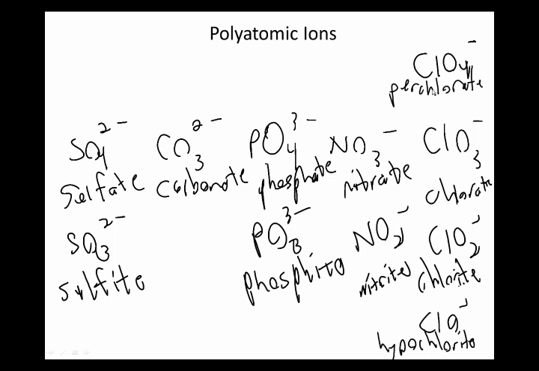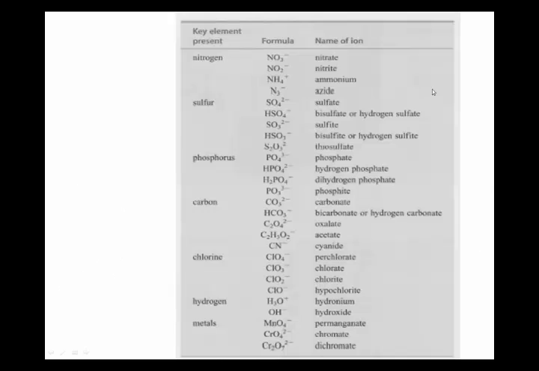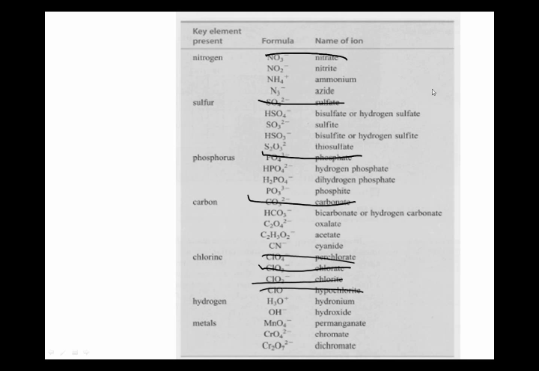Okay, so that knocks a bunch of them out of the way. So if you can memorize nitrate, sulfate, phosphate, carbonate, and chlorate, then you also get perchlorate, chlorite, hypochlorite, phosphite, sulfite, and nitrite all out of the way.